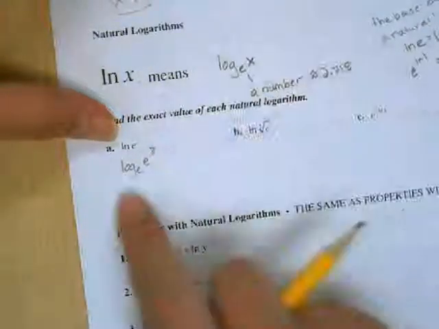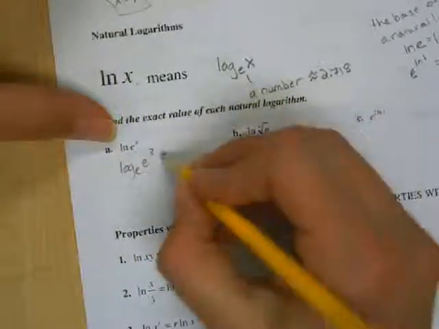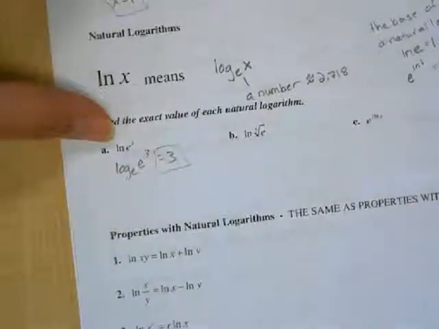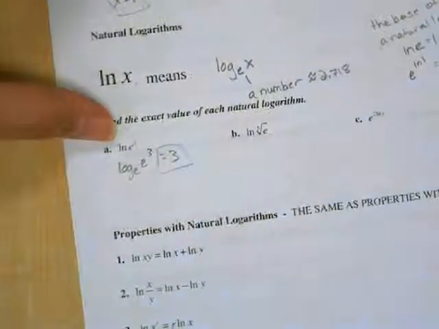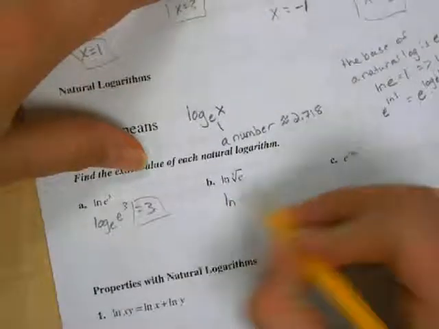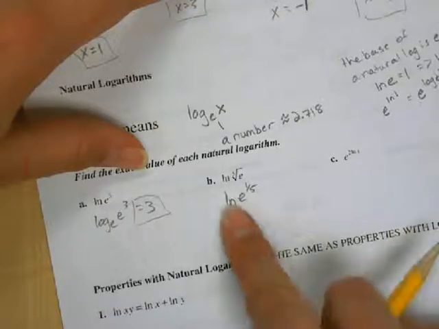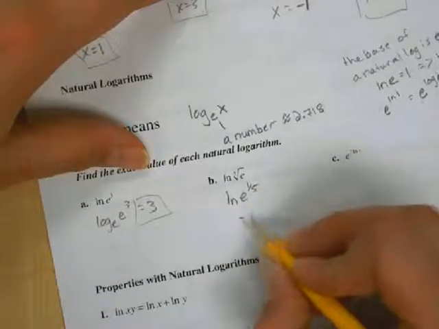If you really have to write it out, log base e of e to the third, it's just 3. I'm not going to keep writing them out, but you can if you need to. If you don't like the natural log notation, change it back to log base e. Here, natural log of the 5th root of e. Well, that's the same thing as saying the natural log of e to the 1/5. Base and argument match, so it's just equal to 1/5.